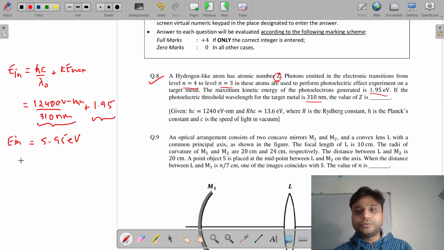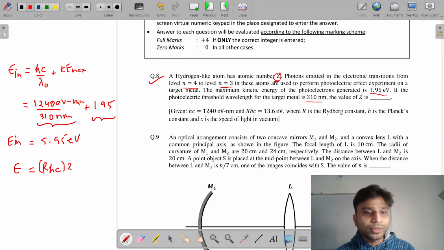Now what should we do? We'll say that this incident energy came from the transitions of the hydrogen-like atom. The Rydberg energy is RHC, and the energy in the nth state of the hydrogen-like atom is RHC times Z square divided by n square. For a transition, the energy is equal to that times 1 upon n1 square minus 1 upon n2 square.